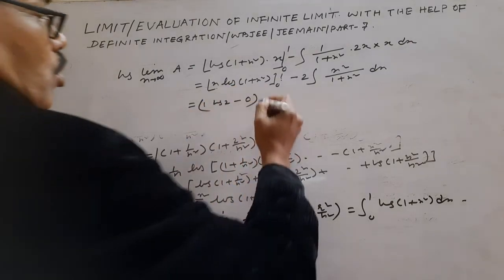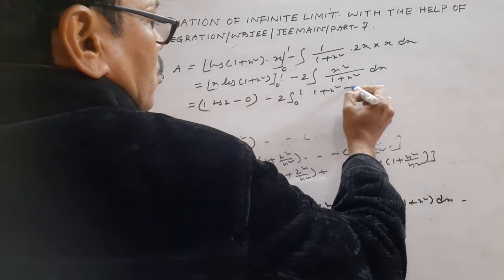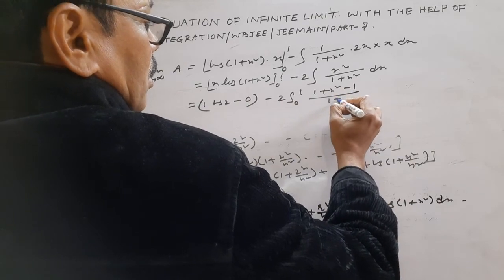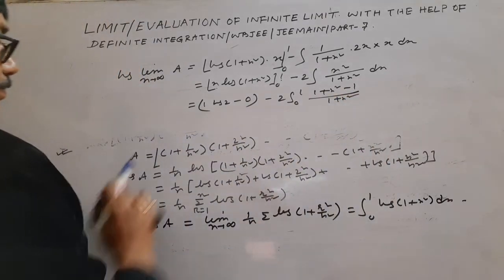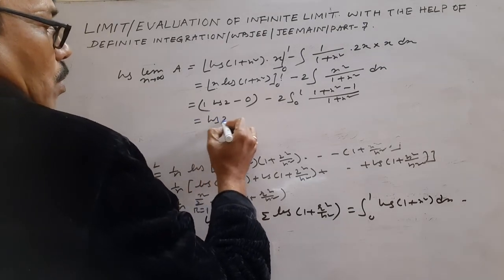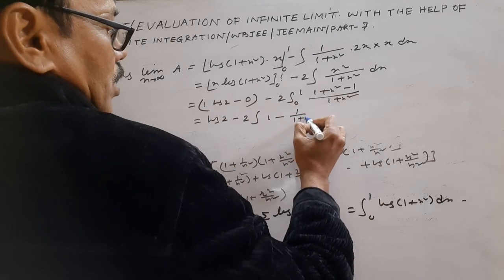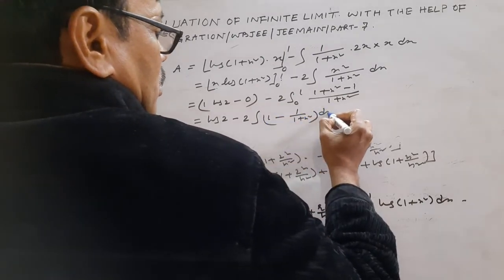So 1 into log 2 minus 2 into integral 0 to 1 of 1 plus x square minus 1 by 1 plus x square dx.